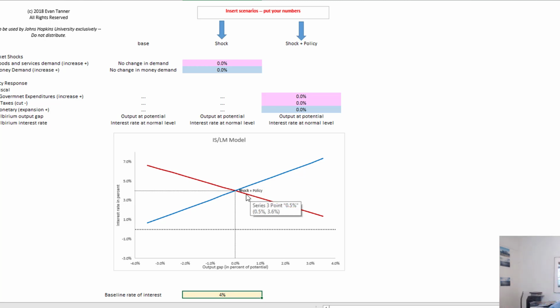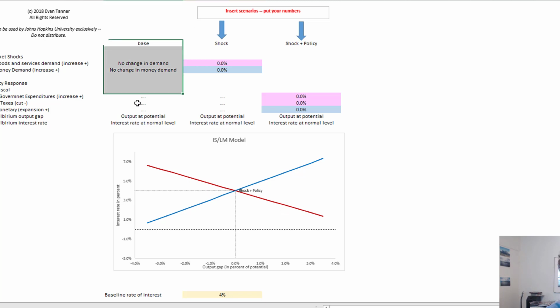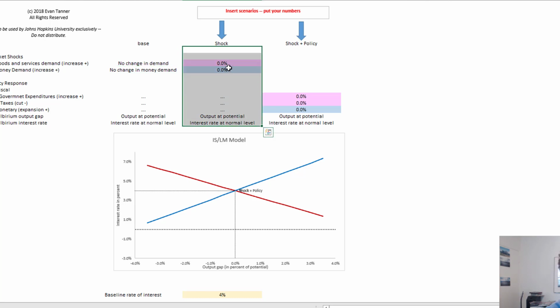So in any event, the idea is that we're going to start off with sort of our baseline scenario. We're already in some kind of equilibrium, which means that we're precluding any kind of change in the demand for goods and services, or any kind of change in the demand for money. And then in this column, we have the opportunity here to put a shock, and it could be a shock to the demand for goods and services, and we're going to show one in just a second.